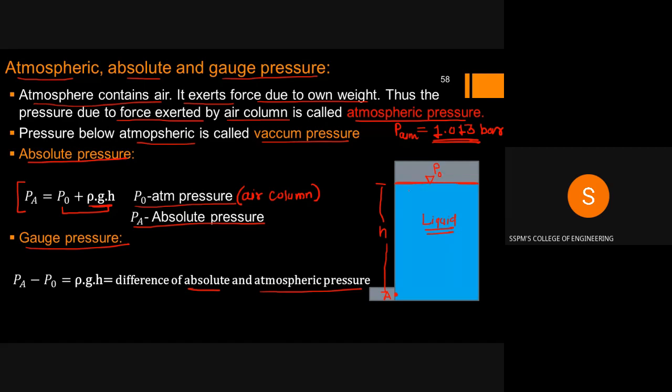So the total pressure at point A is called the absolute pressure at point A.